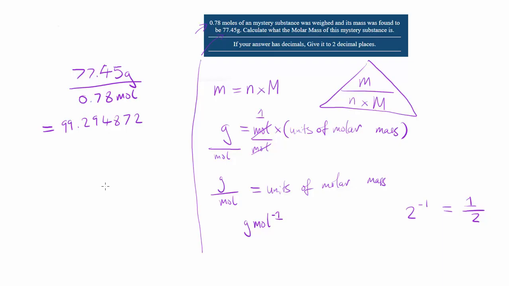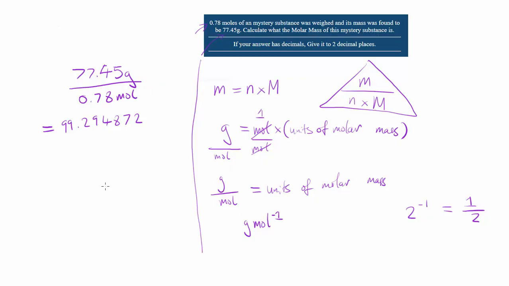What we need to do at this stage is consider whether we've answered the question according to what it's asked us, right? So we've got the value, but is it to the correct number of decimal places? And is there anything else missing?